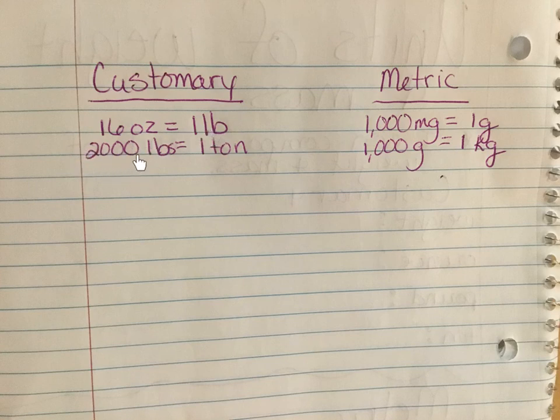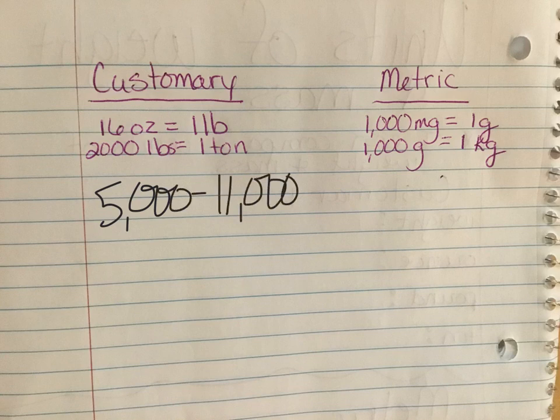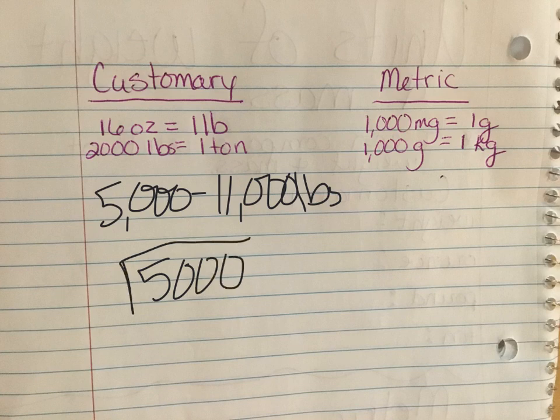Next, 1 ton is the same thing as 2,000 pounds. So that elephant that was weighing between 5,000 to 11,000 pounds, we would say, okay, well 5,000 divided by 2,000, because that's how many pounds are in a ton.